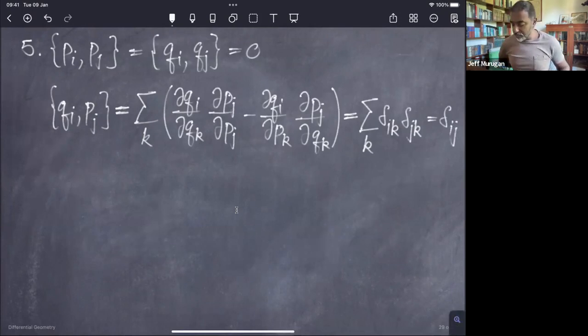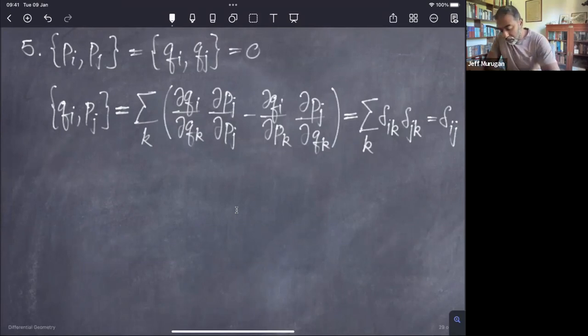So these three fundamental Poisson brackets, if you want, tell us that the brackets between momenta vanish, the brackets between positions vanish, and the brackets between positions and momenta are delta ij.